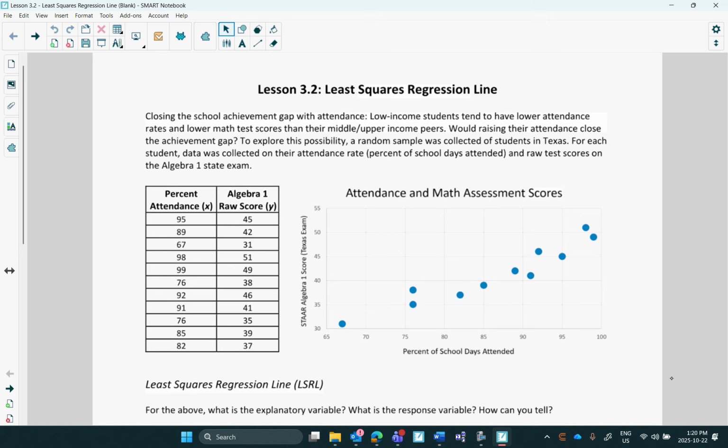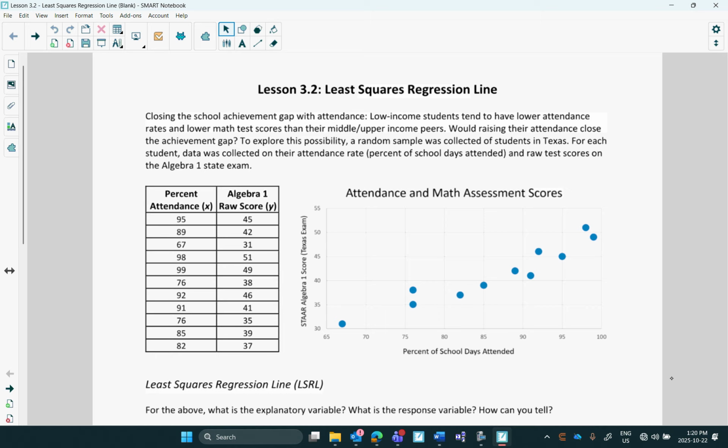So the problem here is the school achievement gap between attendance and performance. Specifically, low-income students tend to have lower attendance rates and lower math test scores than middle or upper income peers. Raising attendance could close the achievement gap, where it helped them perform better.